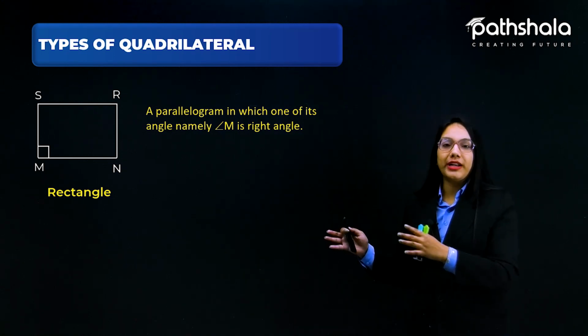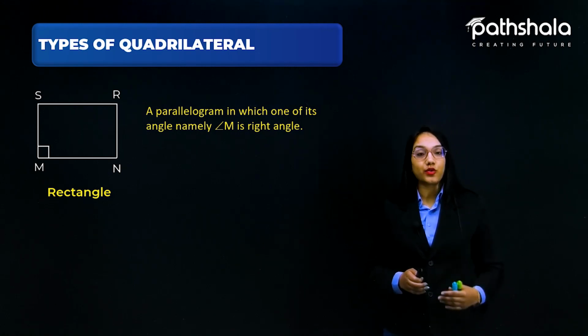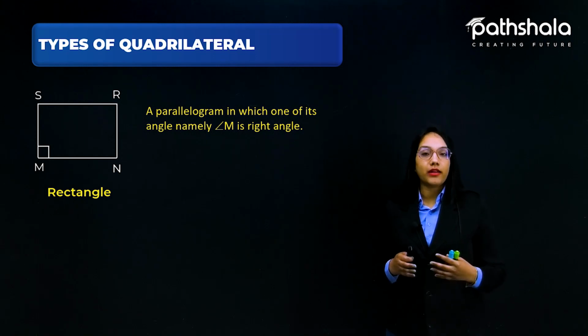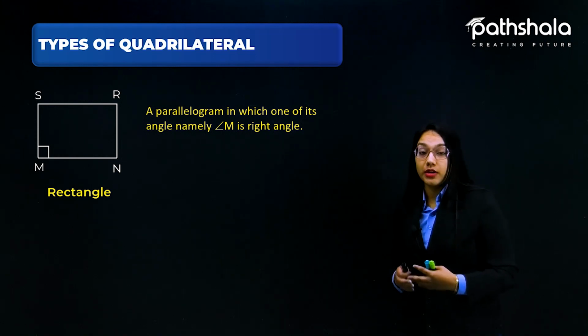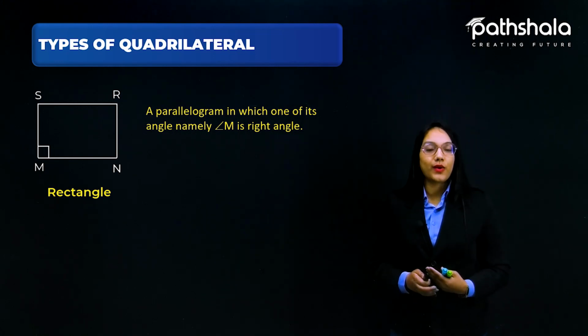So the figure so obtained is called a rectangle. We are specifying it to be a parallelogram in which the angle M is a right angle, so it is called a rectangle.